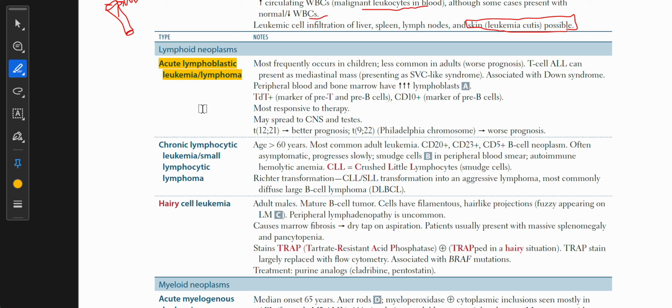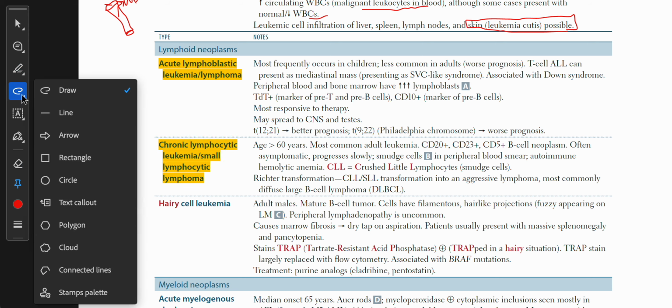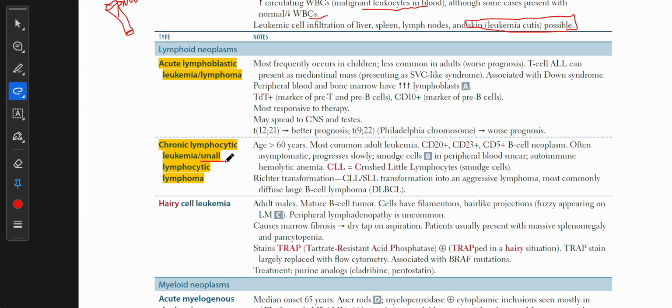ALL has two types, T cell ALL and B cell ALL, and then also chronic lymphocytic leukemia or small lymphocytic leukemia. Chronic lymphocytic leukemia is also called small lymphocytic leukemia. You have to remember this, because this is a confusing portion in usual questions. And also here is hairy cell leukemia. We'll talk about this too.